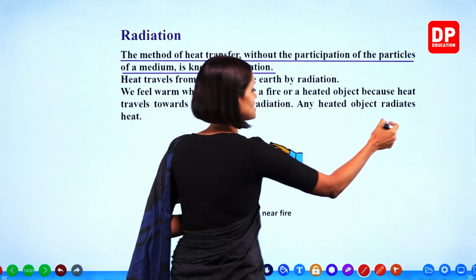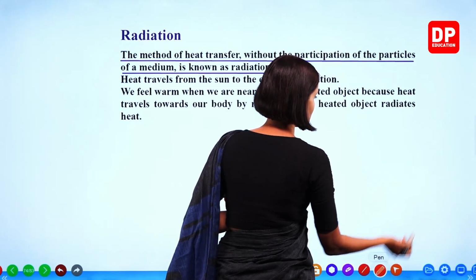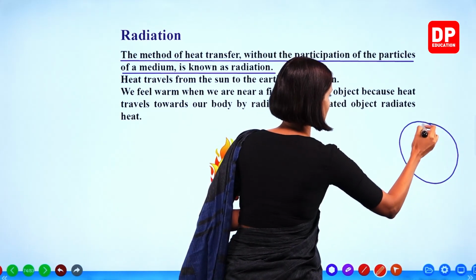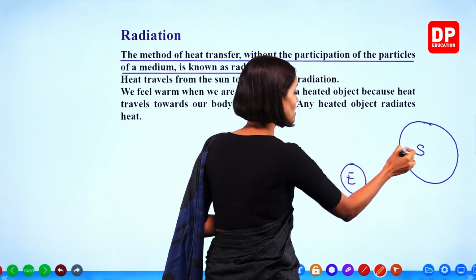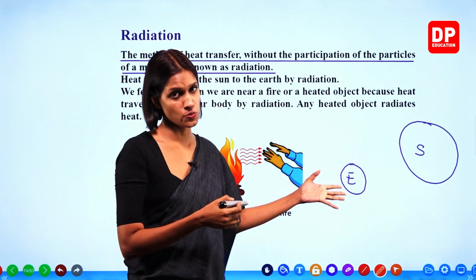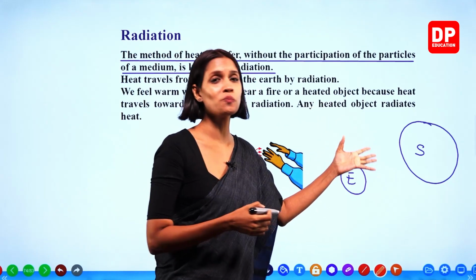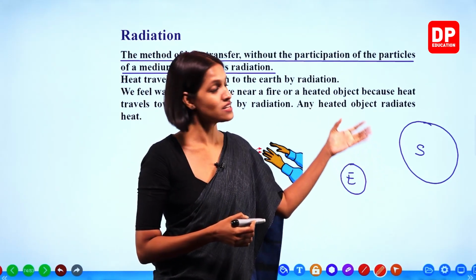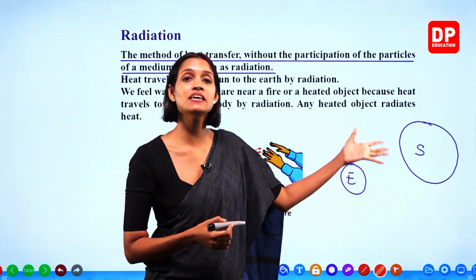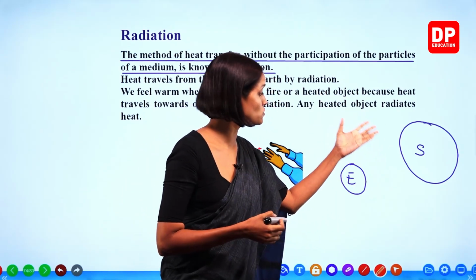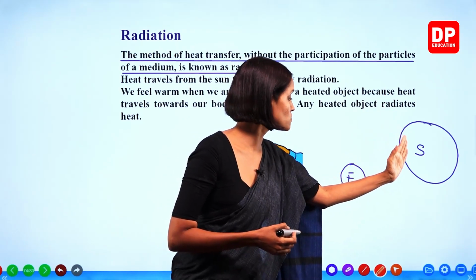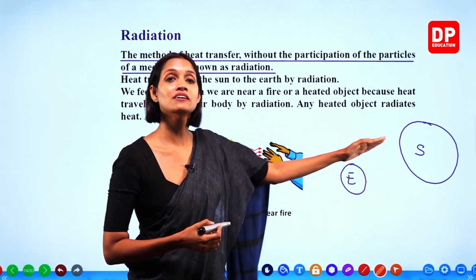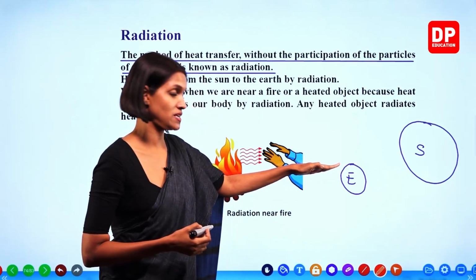So when we consider the sun and the earth, right, if this is the sun and if this is the earth, in between the sun and the earth, space is present. Now space has no particles, right? Even if there are no particles in space, still heat travels from the sun to the earth across the space.